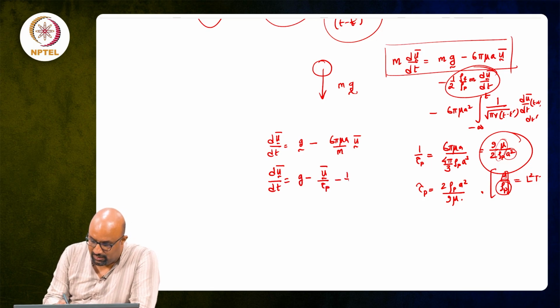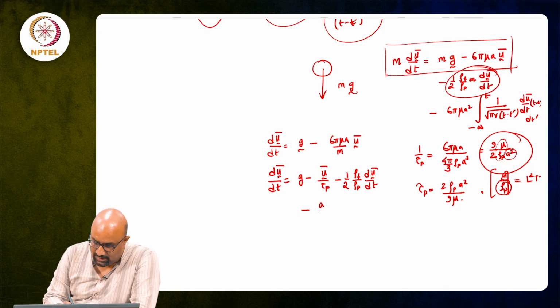Then I have a term which is half rho f by rho p du dt, and then here this is 6 pi mu a by m.